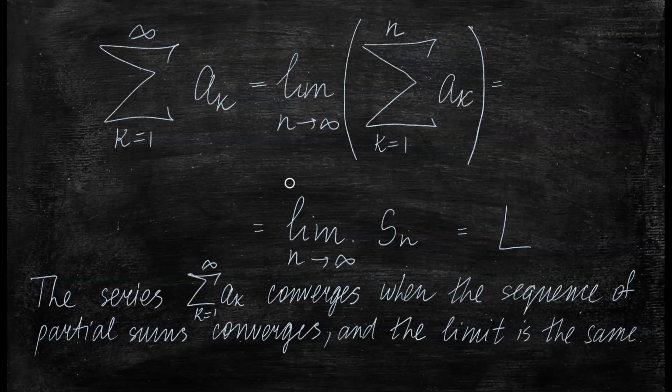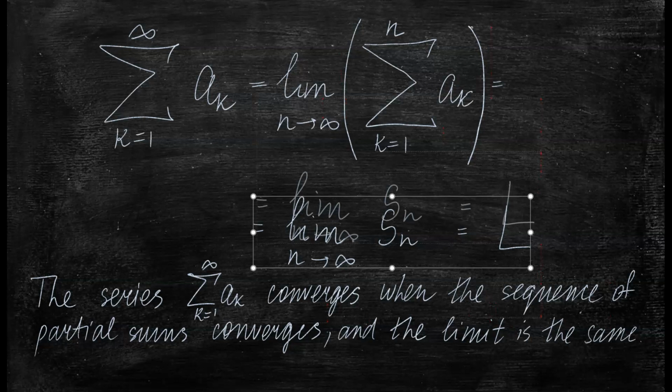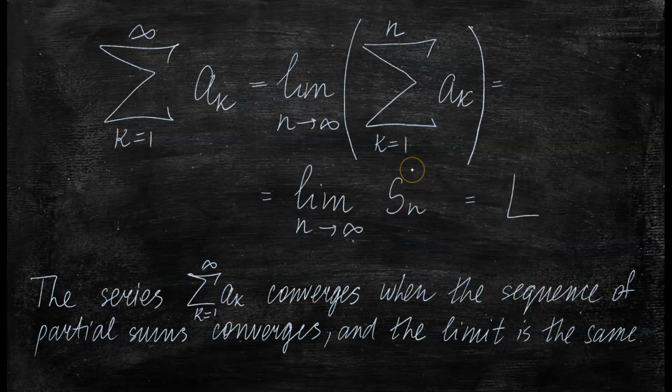Now, when we're about to start learning new objects called series, it is nice that we were able to relate what we're about to learn about the new objects to something that we already knew about the existing objects. In this case, now we know a lot about series because we know a lot about sequences. So the convergence of a series is basically the same as the convergence of a sequence.